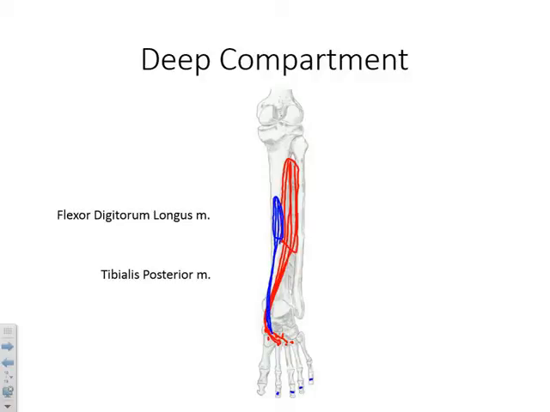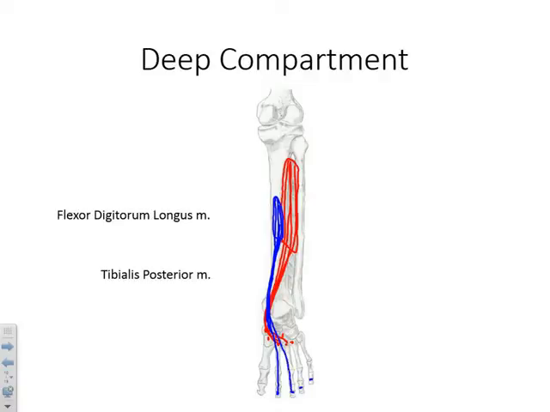So when we look at these in the actual posterior compartment, the tibialis posterior is the most intermediate between the other two muscles we'll be talking about, but as it actually crosses the ankle joint, it's the flexor digitorum longus tendon that's actually most intermediate.